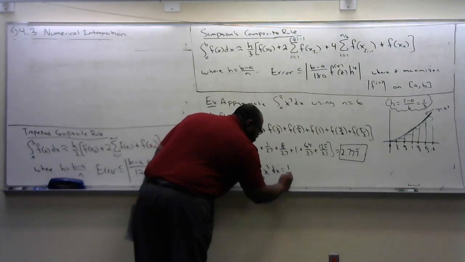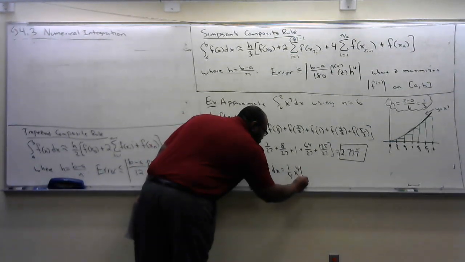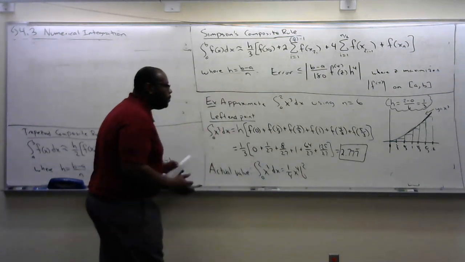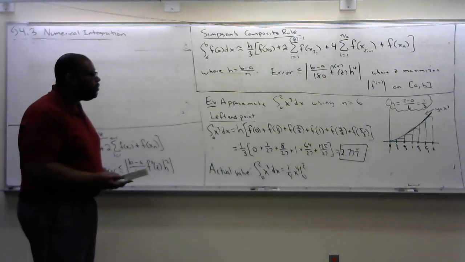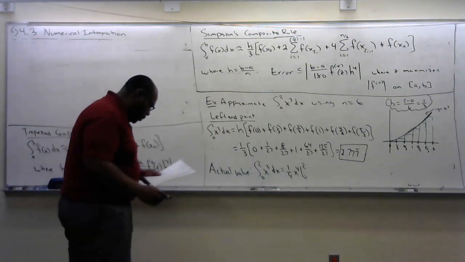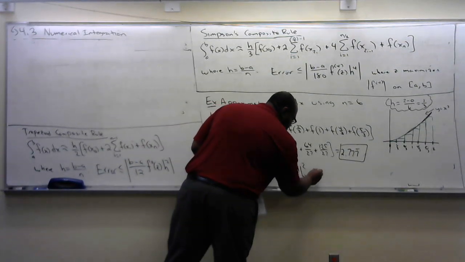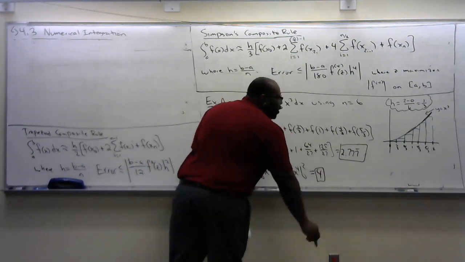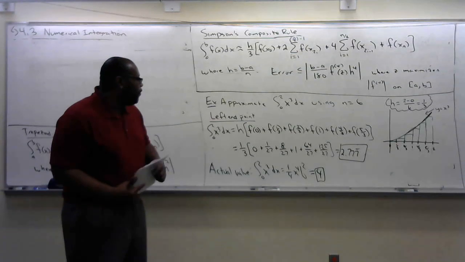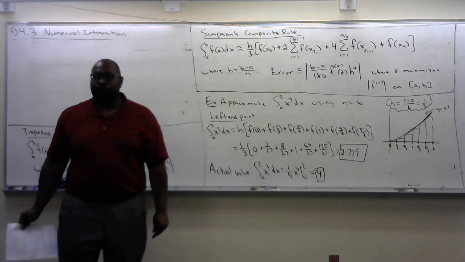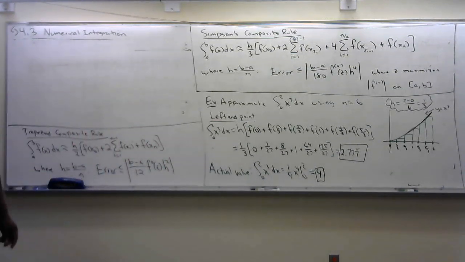That's going to be 1/4 x to the 4th from 0 to 2. That's 16 divided by 4, that is 4. So this left endpoint approximation is not very good, right? 2.7 is not very close to 4. That kind of makes me sad.